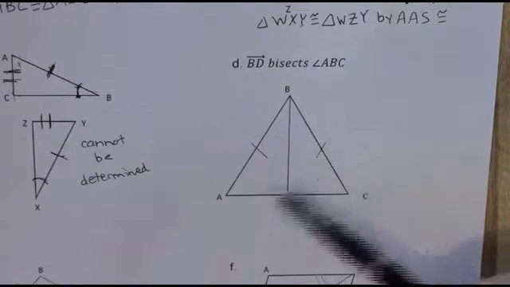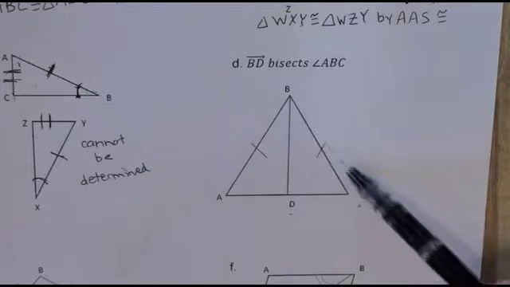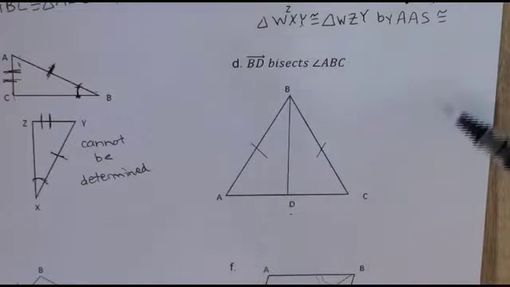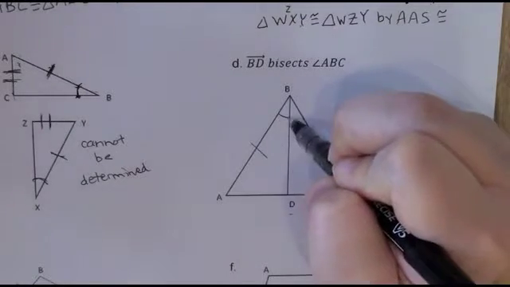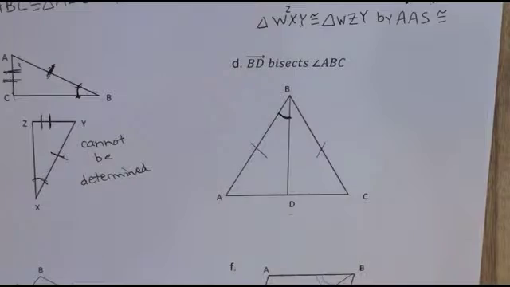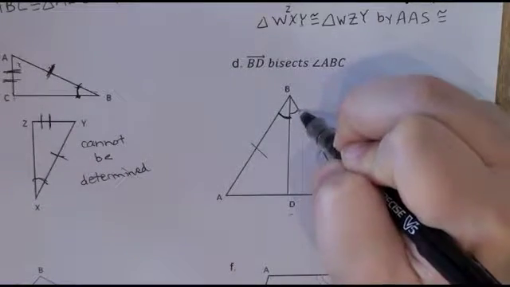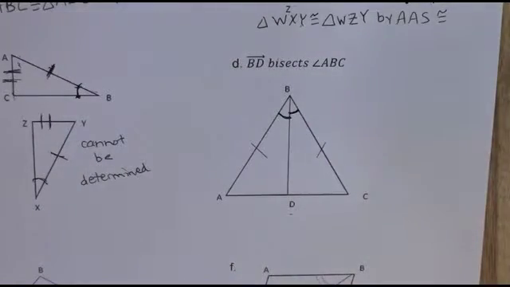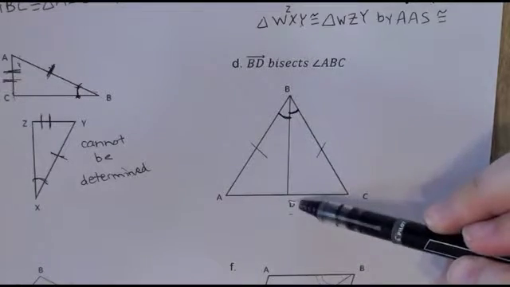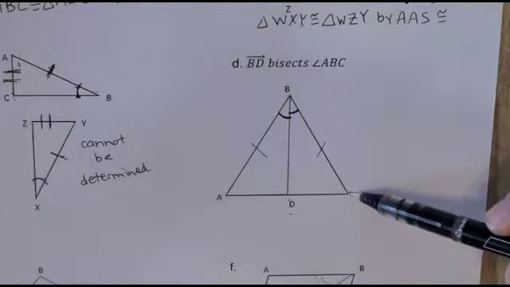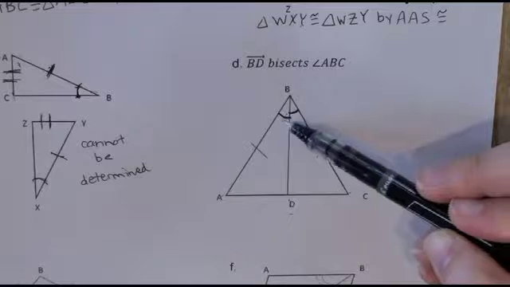ABC is this big angle at the top, and it's being cut into two equal angles. So one angle is going to be the left side, and one angle is going to be the right side. BD cuts the big angle ABC into two equal pieces.